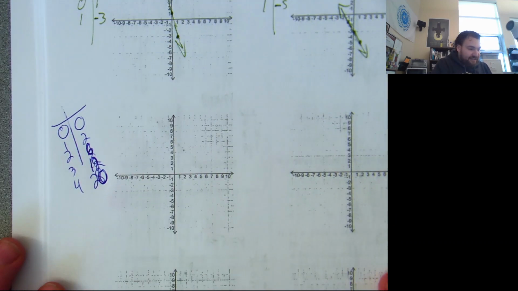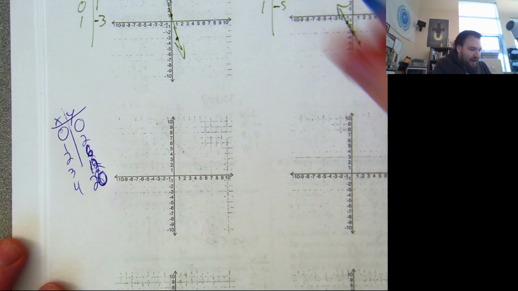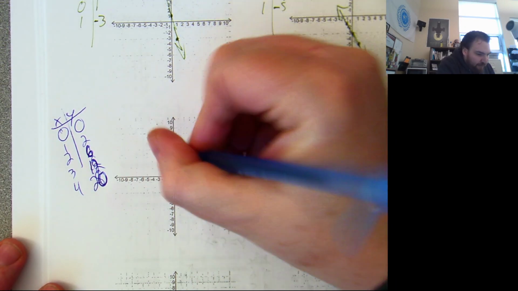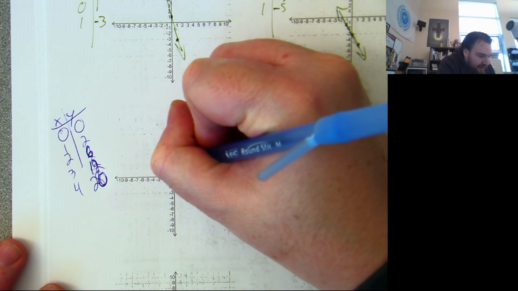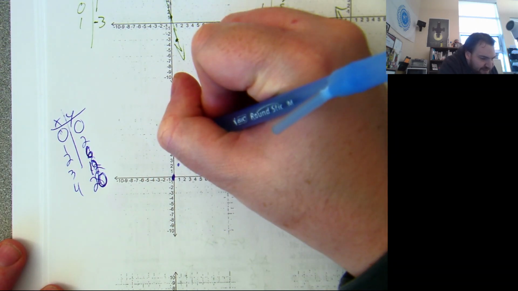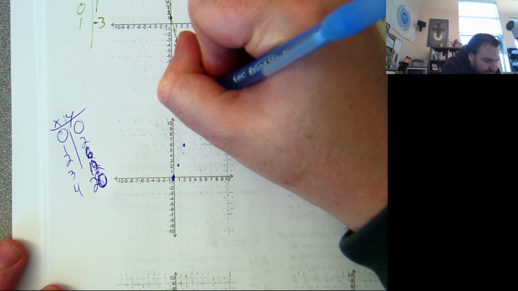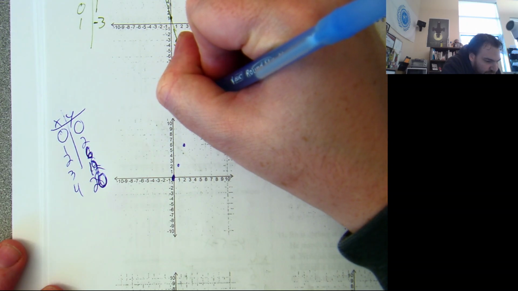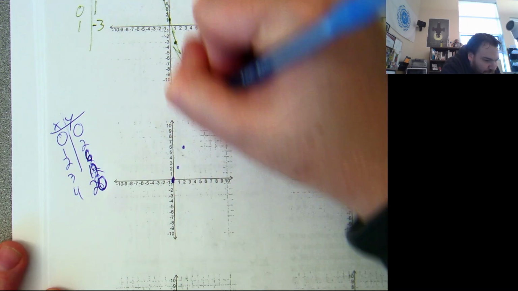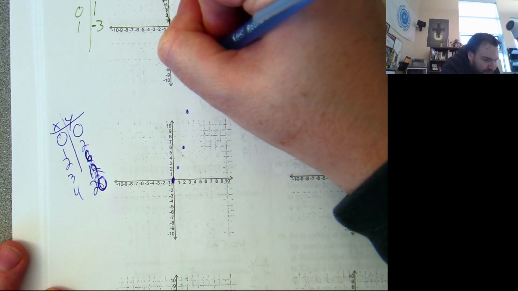Okay, so that's the table for 5C. X, Y: 0, 0 is right there. 1 and 2 is right there. 2 and 6 is right there. 3 and 12 is going to be there. 4 and 20 is going to be up here somewhere.